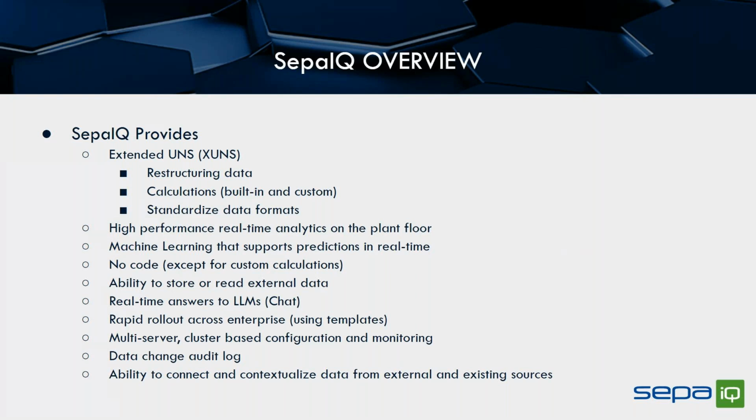We showed taking numerous rows, maybe hundreds of rows, and consolidating it into a single row, and the benefits of that. That is extended UNS, what we're calling it. We're restructuring that data. We can change names of items to get a unified format across all sites, production processes, all that. And we did calculations in that. So now that encompasses the extended UNS.